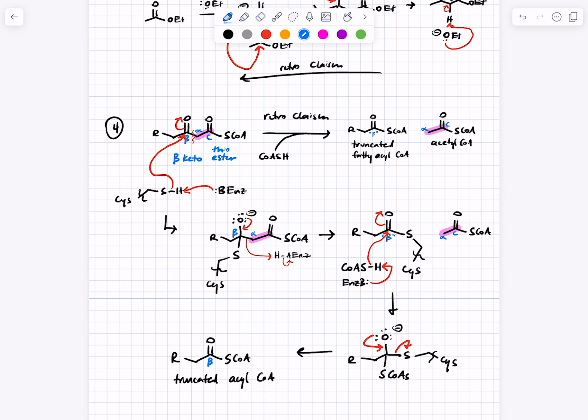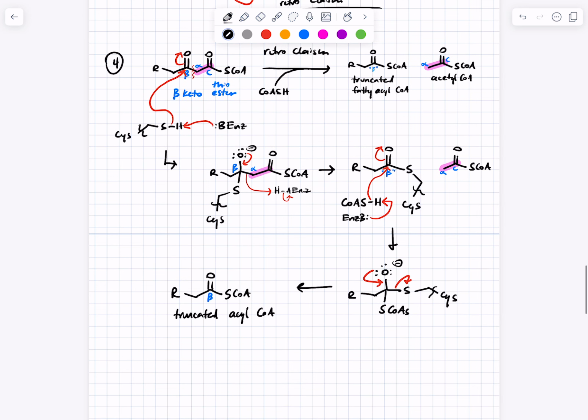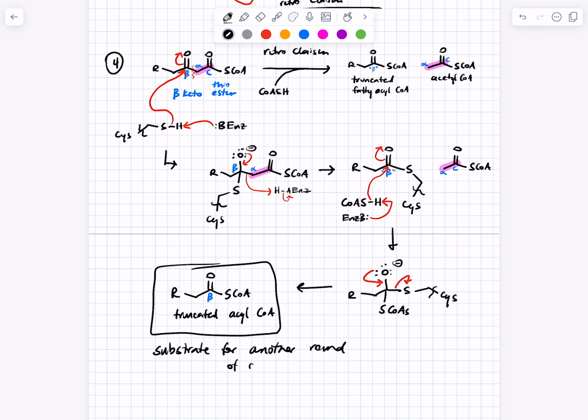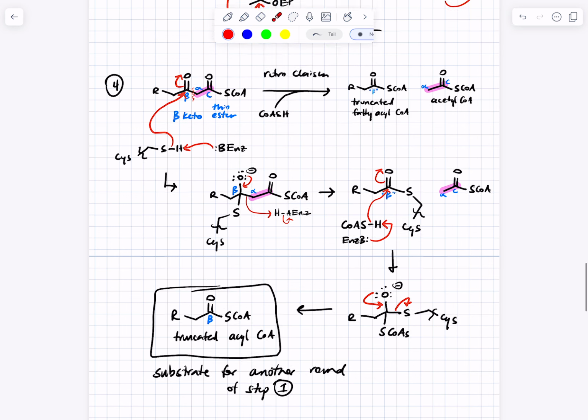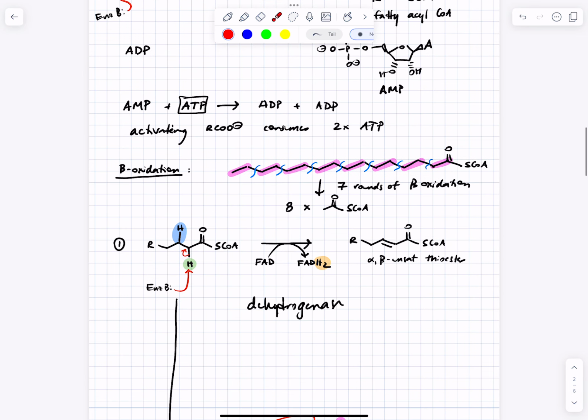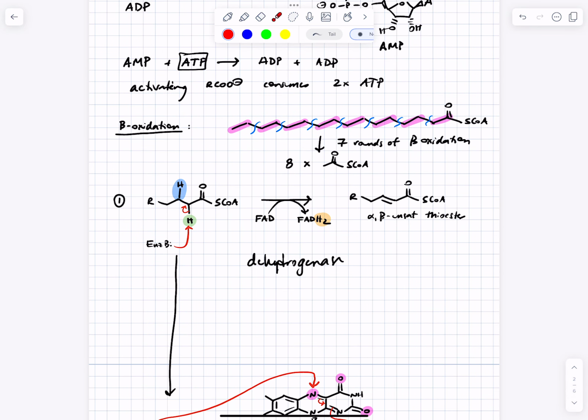And you'll see that now we get to the truncated fatty acyl-CoA. This is now the substrate for another round of step 1. So go from here all the way back to step 1, and we do it again.